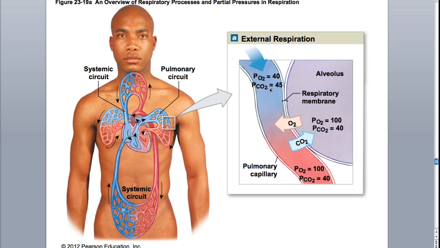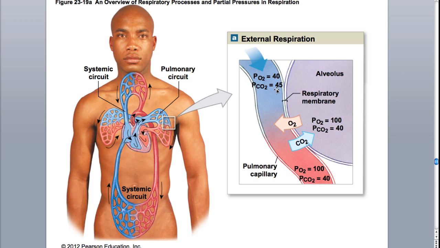Over here, for oxygen, it's 40. Over here, it's 100. Over here, it's back to 100 again because it's the same pressure, the same driving force. So these two numbers are actually related to the same concept. That's why it's 100 and 100. But what was it down here? 40. What's it here? 100. What do you know about it? 100 wants to go towards what? 40.